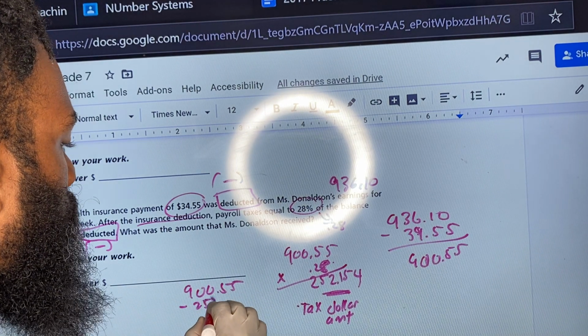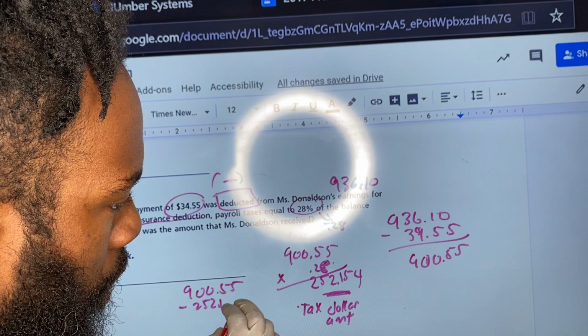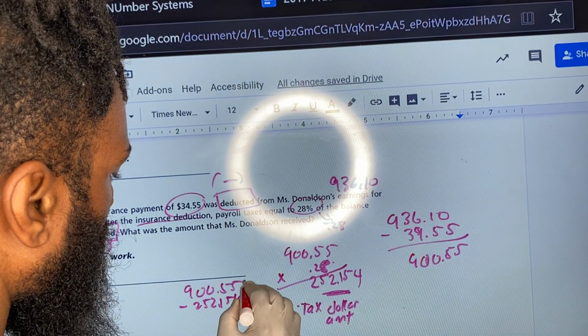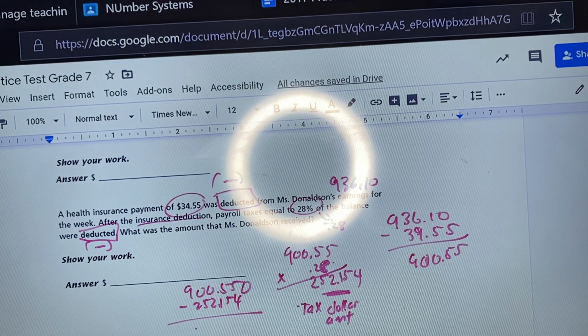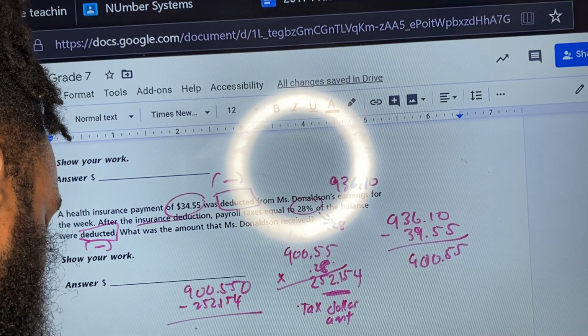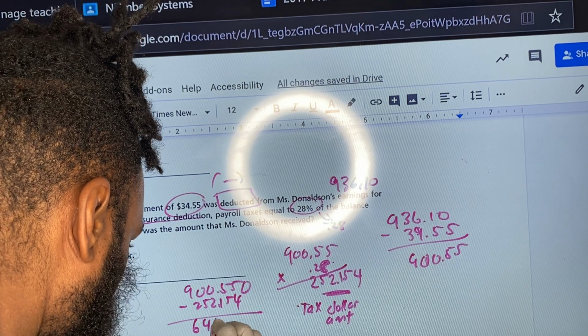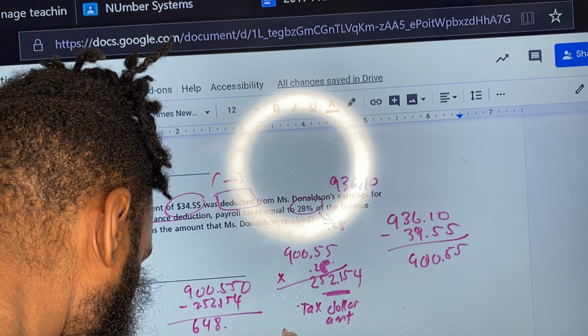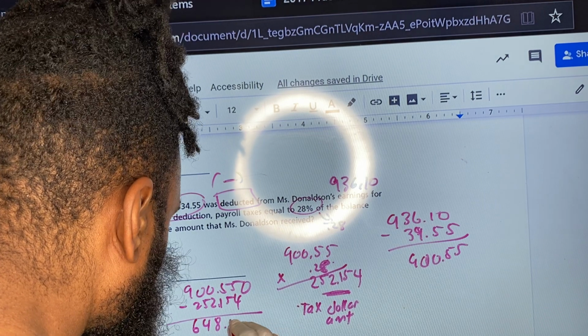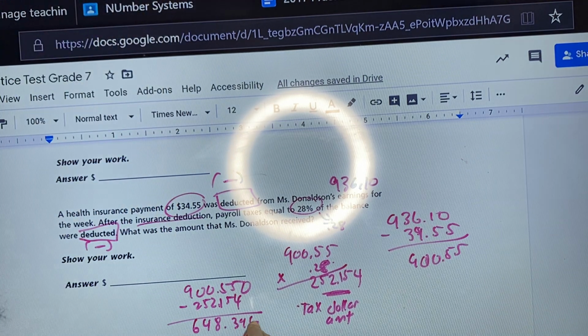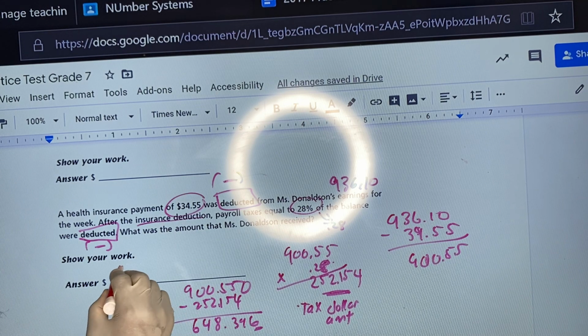Minus 252.154, and we could add a zero there, and we would get a total of $648.396.